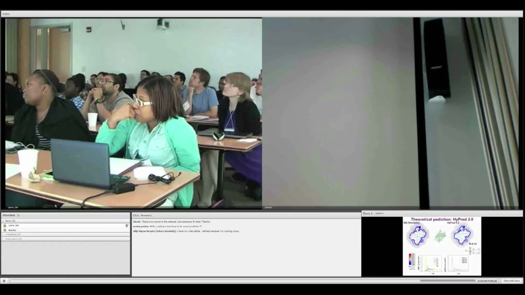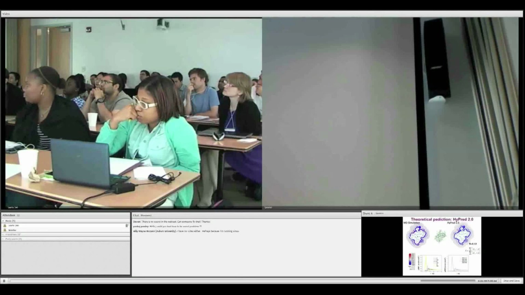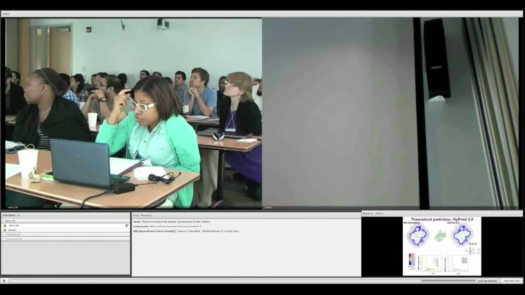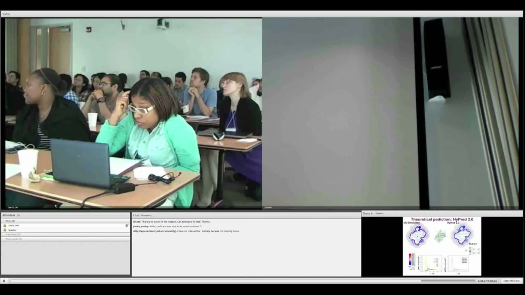We also have, and I think it's present on our website, a theory, HyPred, which enables reconstructing this density without MD simulations. So this is the MD simulation. This is the HyPred construction. This is the figure of merit of the fit. And you can see that the behavior is very similar. It's a little bit more smeared out in the theoretical reconstruction.